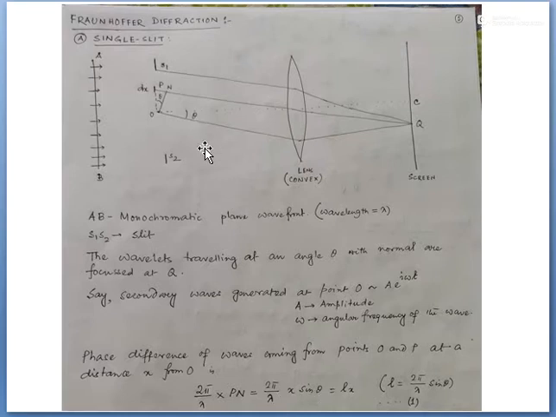So Pn will be twice pi by lambda x into sine theta, and I call this as L into x, where L is equal to twice pi by lambda into sine theta, which solely depends on theta and obviously the wavelength of incident light, that is lambda.